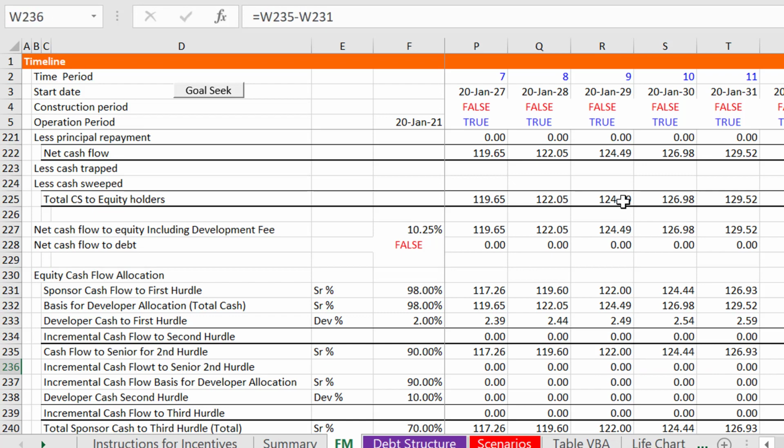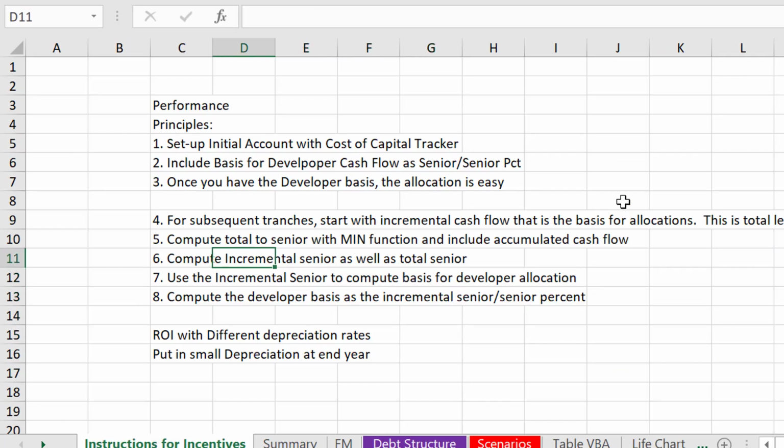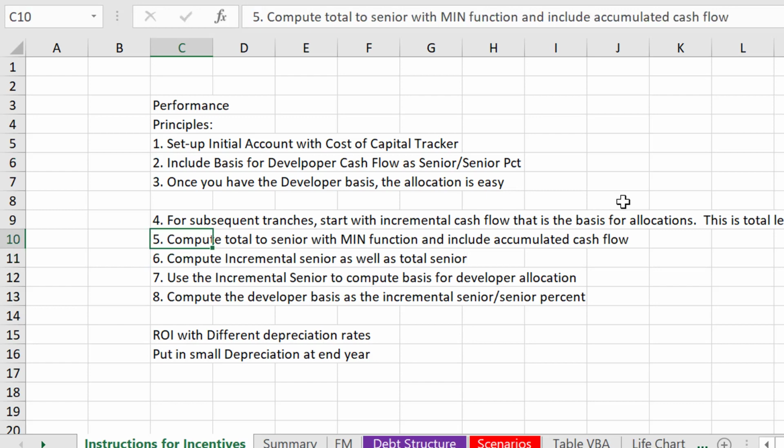And just to re-emphasize that, you go to the incremental for the senior, compute the total amount, which we just did with the minimum function, and include cash flow from prior tranche.